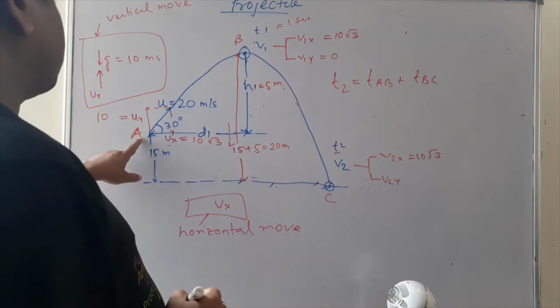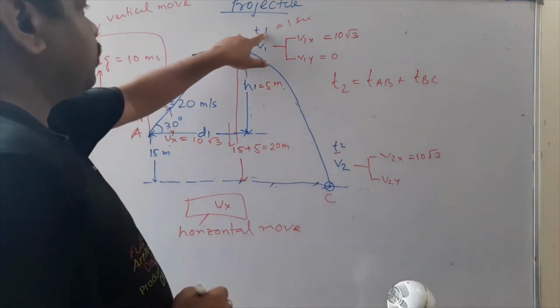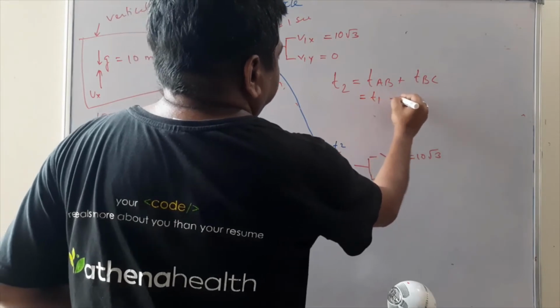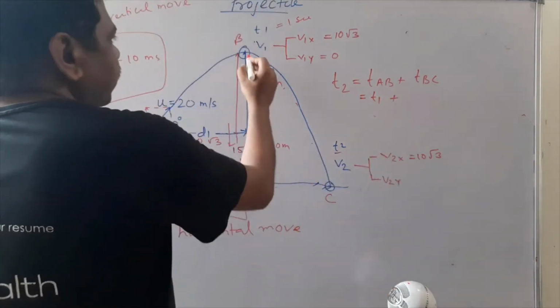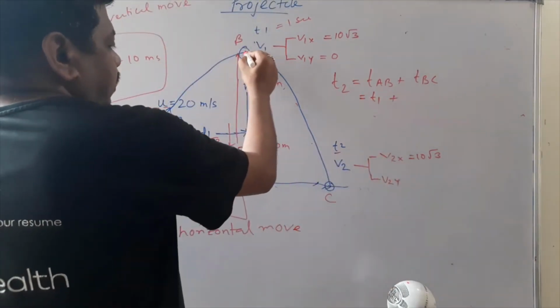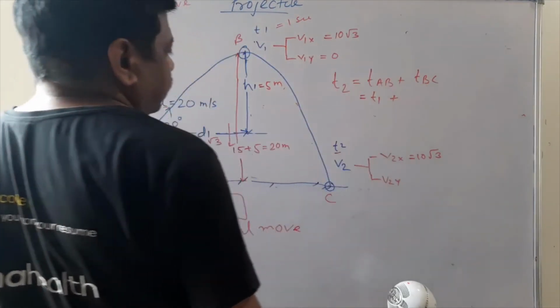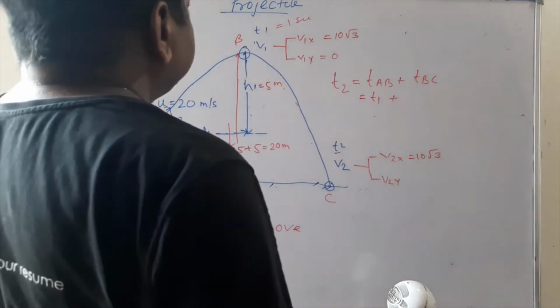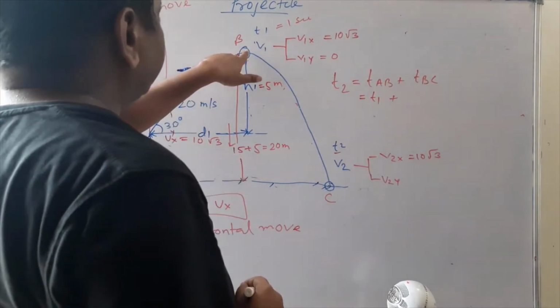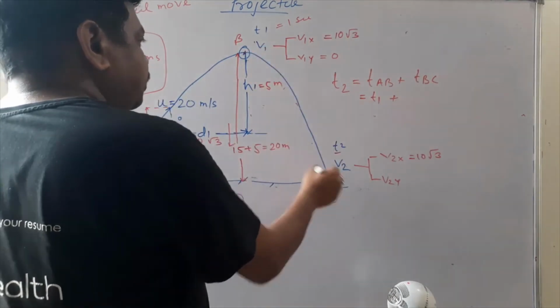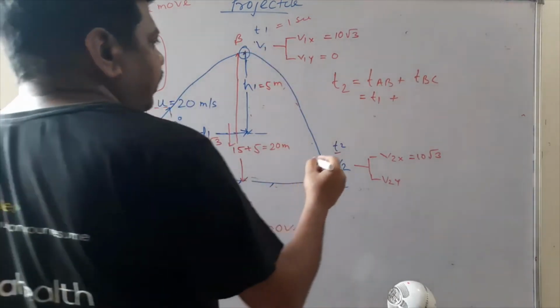And we know this time is t1, plus we need to calculate TBC, which means the time required for the ball to travel from this point to this point. Let's calculate it.